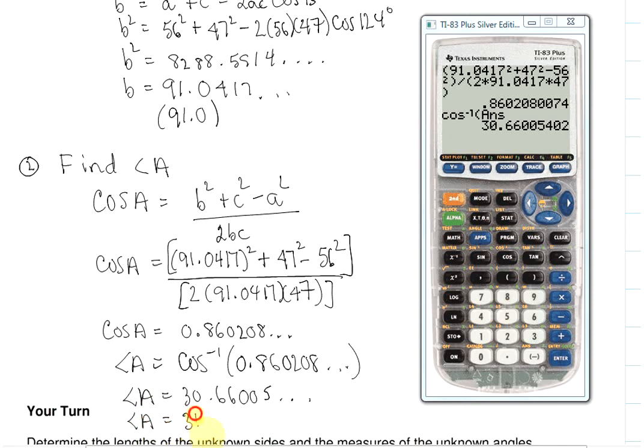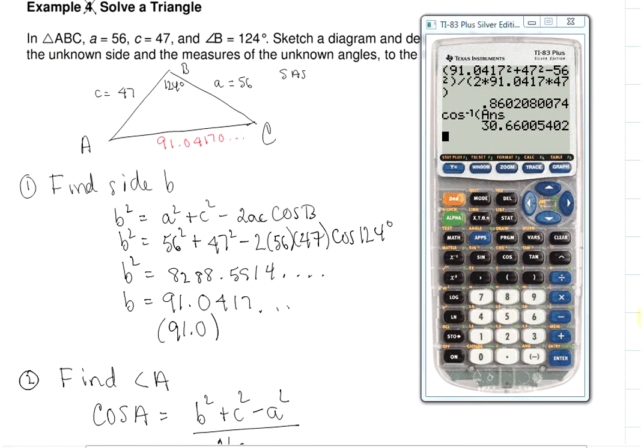So on our diagram, angle A is 30.66005 dot dot dot.